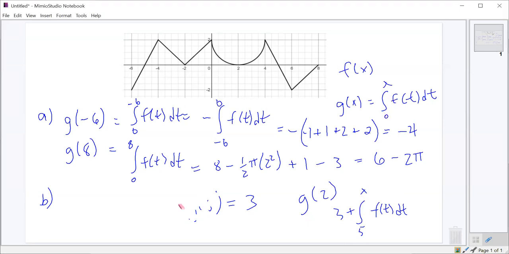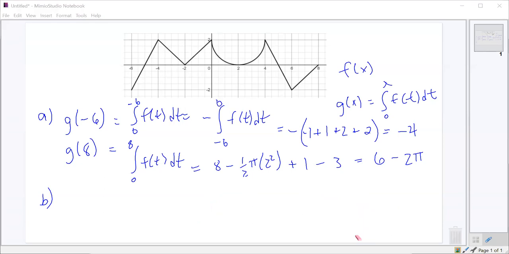That means that at 0, this integral is equal to 0, because g of 0 is the integral from 0 to 0 of f, which is 0. Okay. Could you just do it that way too if you really wanted?